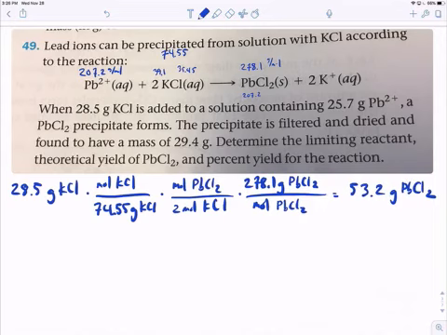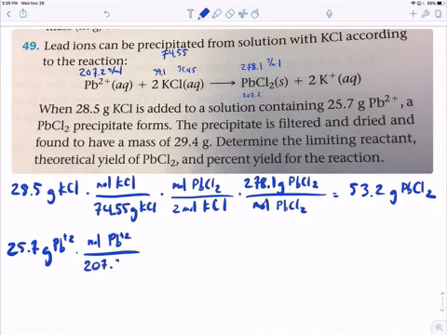And then the other one, 25.7 grams Pb plus 2, mole Pb plus 2, 207.2.